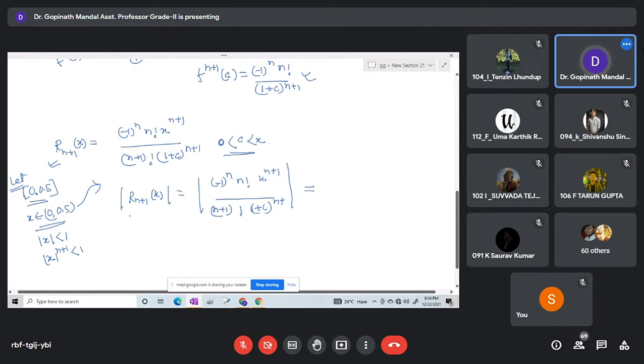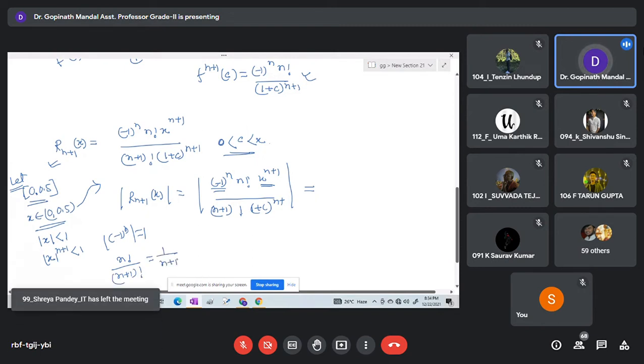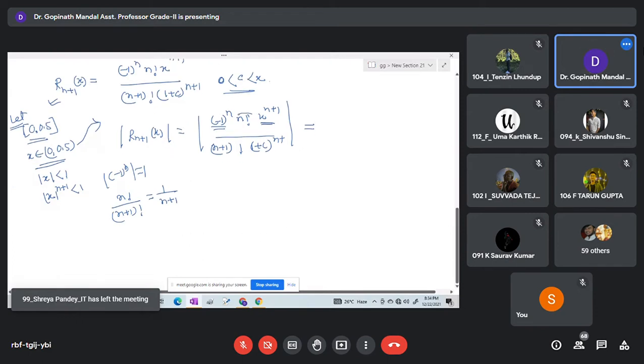Now mod of minus 1 to the power n is equal to 1, and mod of x to the power n plus 1 is less than 1. Factorial n by factorial (n plus 1) is equal to 1 by (n plus 1). So these terms become just 1 by (1 plus n).